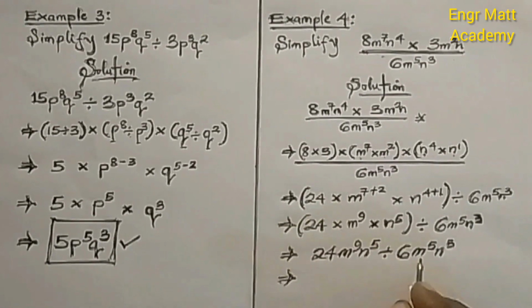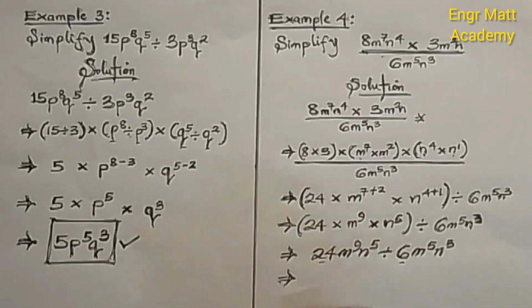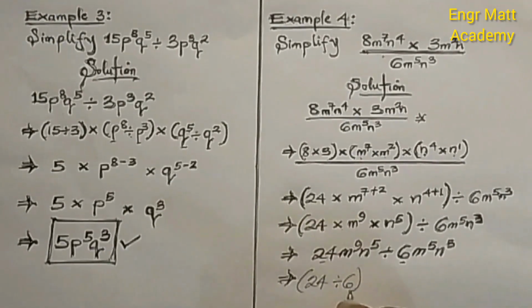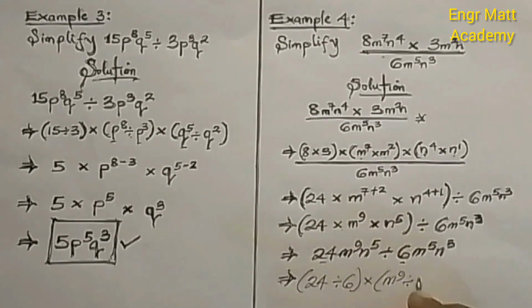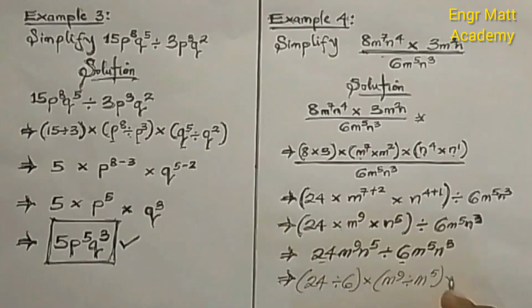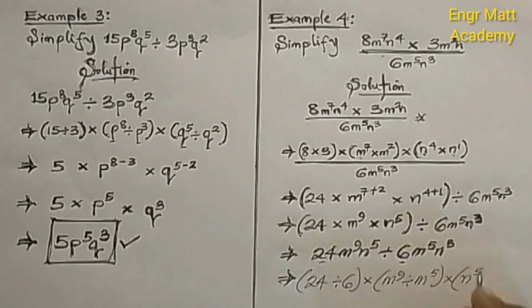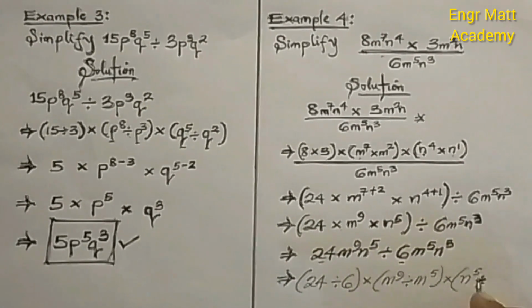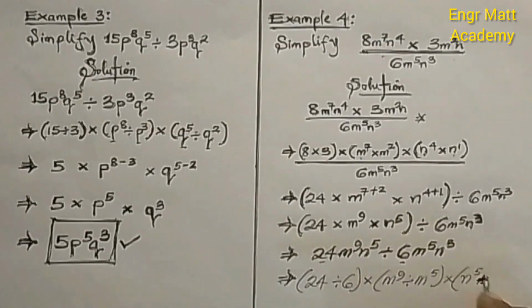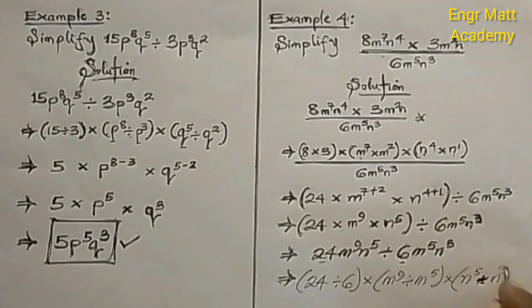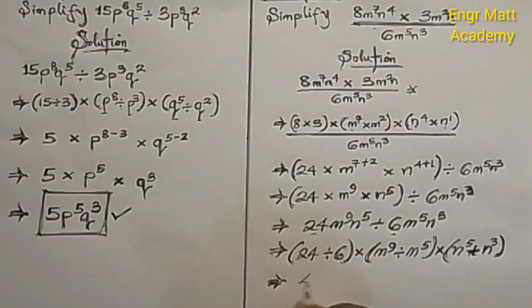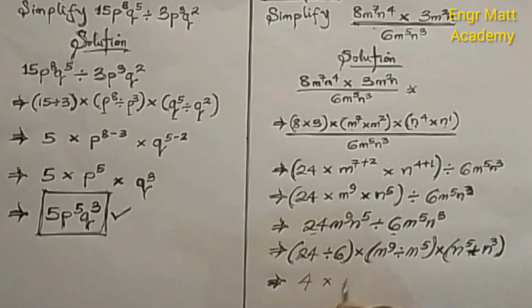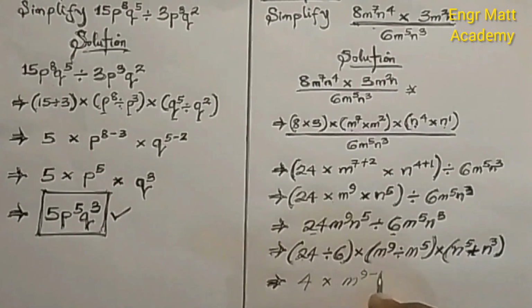This division, we divide the numbers normally. 24 divided by 6, times m raised to power 9 divided by m raised to power 5, times n raised to power 5 divided by n raised to power 3. 24 divided by 6 is 4, times m raised to power 9 minus 5.